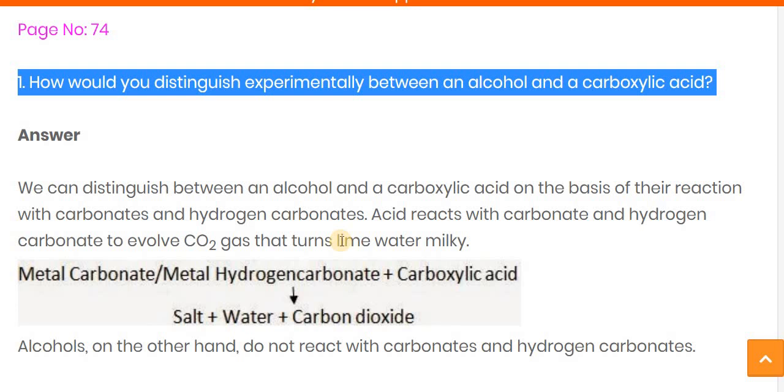So by that we can confirm that carbon dioxide gas is evolved in the reaction between metal carbonate and carboxylic acid, or metal hydrogen carbonate and carboxylic acid. So we can confirm that the carboxylic acid is present in the solution.